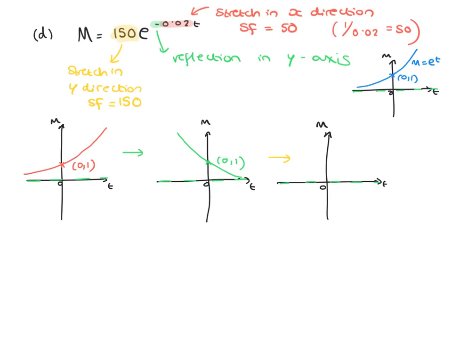The x-coordinates stay the same, so the graph now looks like this, with a y-intercept of 0, 150. The asymptote remains as the x-axis. And again, it doesn't really signify a huge amount for t to be negative here, so I may well exclude this portion of the graph.